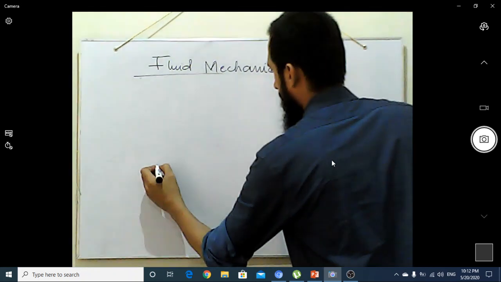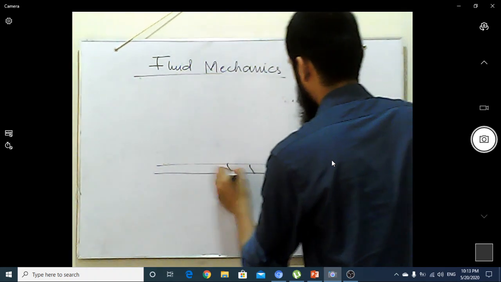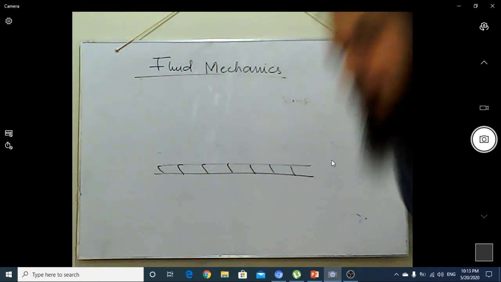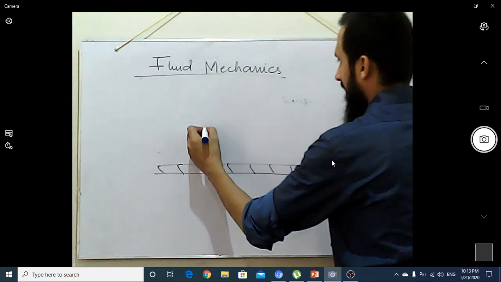Let the liquid be flowing over a solid surface, and it has a velocity profile like this.